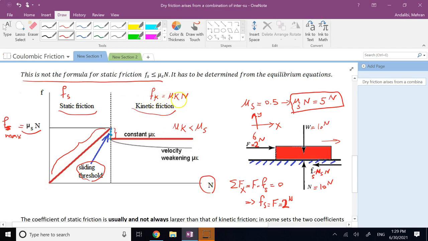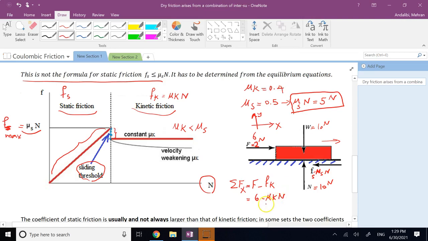But for simple applications, we can say this mu k could be a constant, not a function of n, but actually it is a function of v. So if you push the object and it accelerates, because now when the object starts to move, this is going to be F minus Fk, and F is 6, and Fk is mu k times n. And let's say again, mu k is, let's say, 0.4.